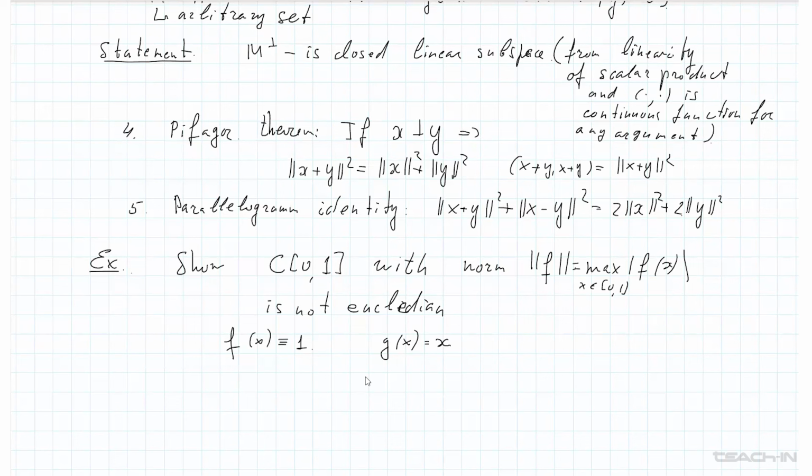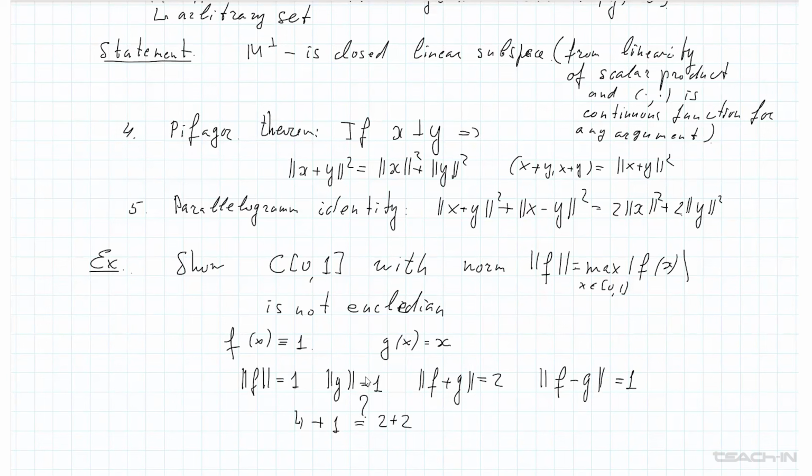It is easy to see that on the interval [0, 1], the norm of f equals 1, the norm of g equals 1, the norm of f plus g equals 2, and the norm of f minus g again equals 1. So if we write the parallelogram identity, 4 plus 1 must be equal to 2 plus 2. So it is not valid. So it is not Euclidean.